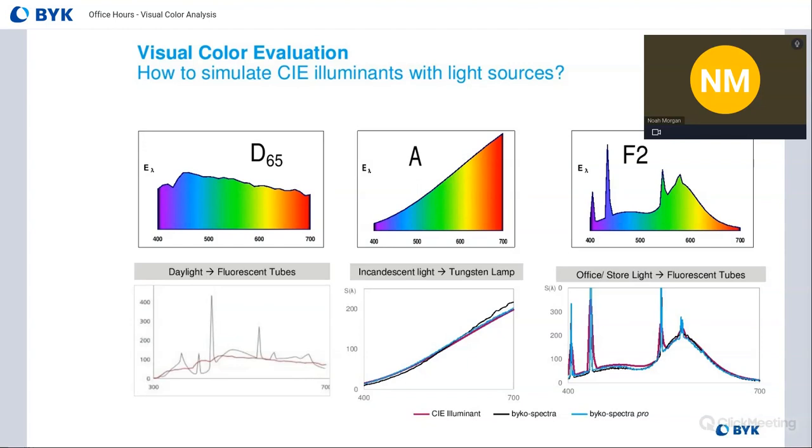And so with the Bico Spectra Pro, you can see how we follow the F2 and the A light pretty well. So everything is right where it should be. It might be slightly off, but according to the standard, it's perfect. Whereas we look over here, currently in most of the technology out there in the market, it's using a fluorescent tube to simulate daylight, which doesn't make sense, but according to the CIE standard, they're still following within that tolerance for that daylight.